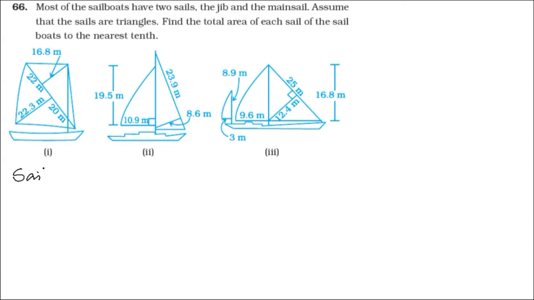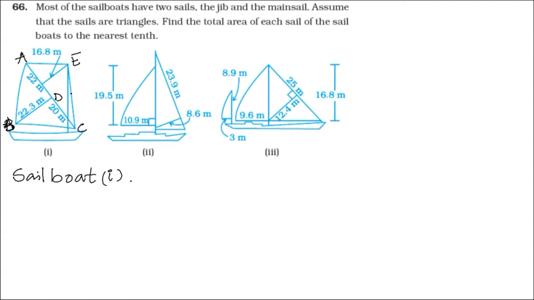For sailboat 1, if you observe it carefully, there is a triangular part. If I name this triangular part A, B, C, D, this is A. Let me start from here, A, B, C, D. At the same time, I'll continue this.